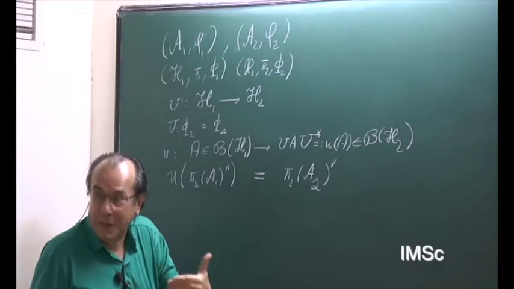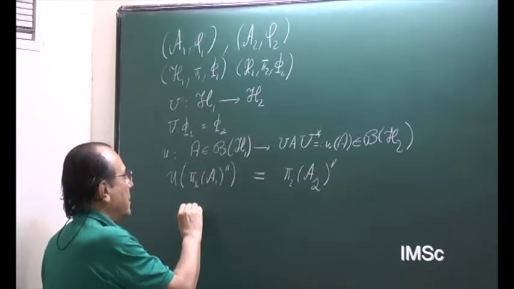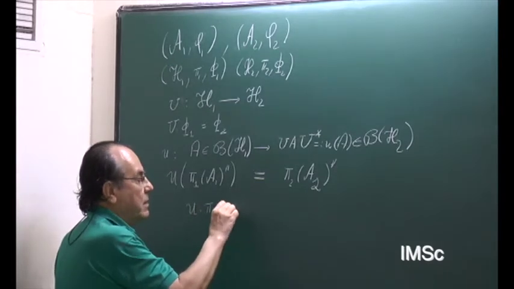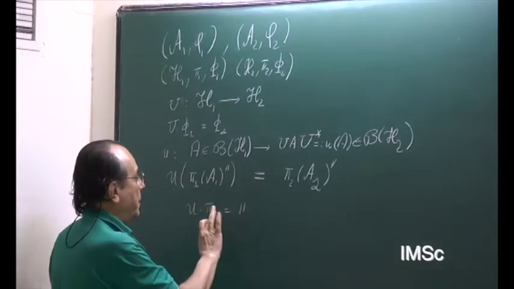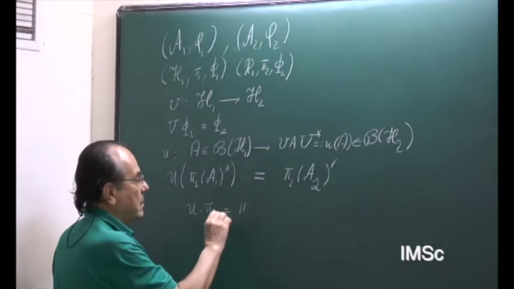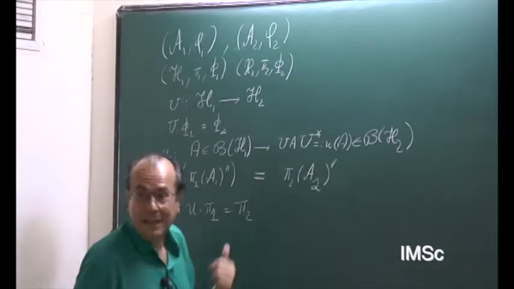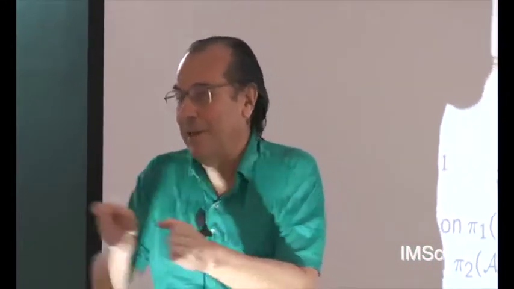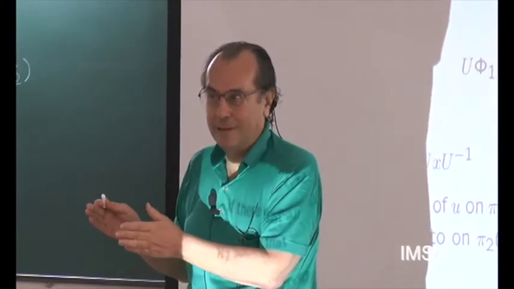Quasi-equivalence is much, much stronger. It means that the two representations are intertwined, U of Pi1 is equal to Pi2. But this we cannot ask for a standard probability space because of the three examples I brought in the beginning. The step functions are very far from being isomorphic to the continuous bounded functions.